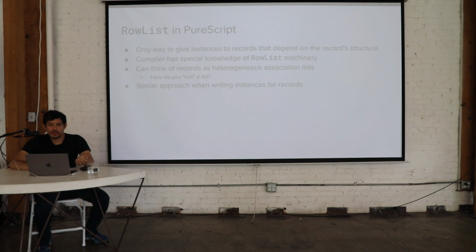So we can do a similar approach when writing instances for records. But because instance writing is happening at a different level than just writing functions, you can actually have non-exhaustive patterns. And as a result, if you call it on a pattern that isn't covered by the instance, you'll get a compile time error instead of a runtime error, right?